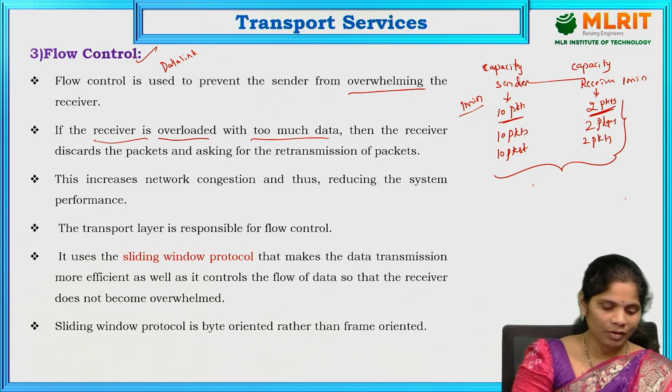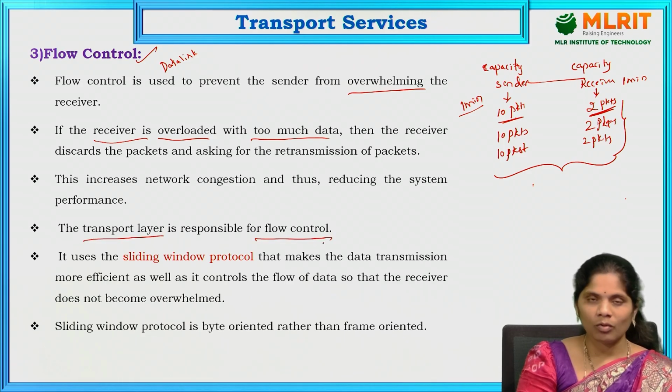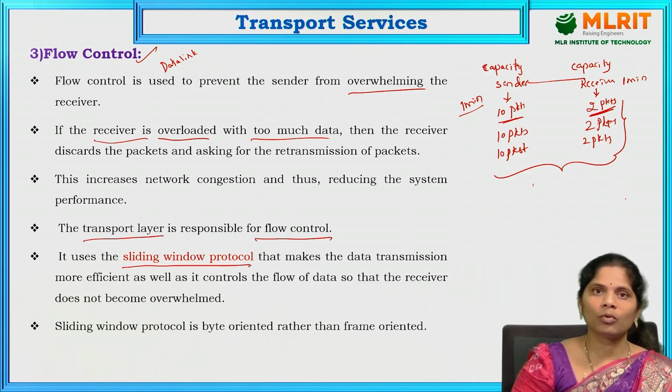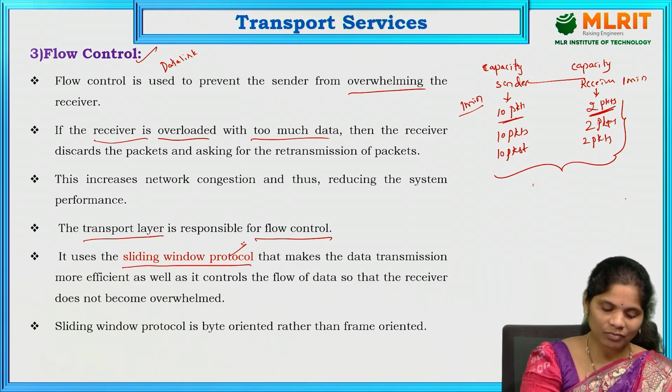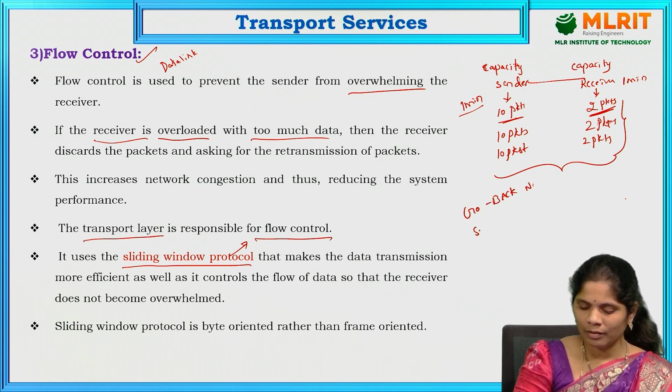So how is it going to be controlled? The main responsibility of the transport layer is to control the flow. How? Using the sliding window protocols. What are the sliding window protocols we discussed previously? Go-Back-N and Selective Repeat ARQ.